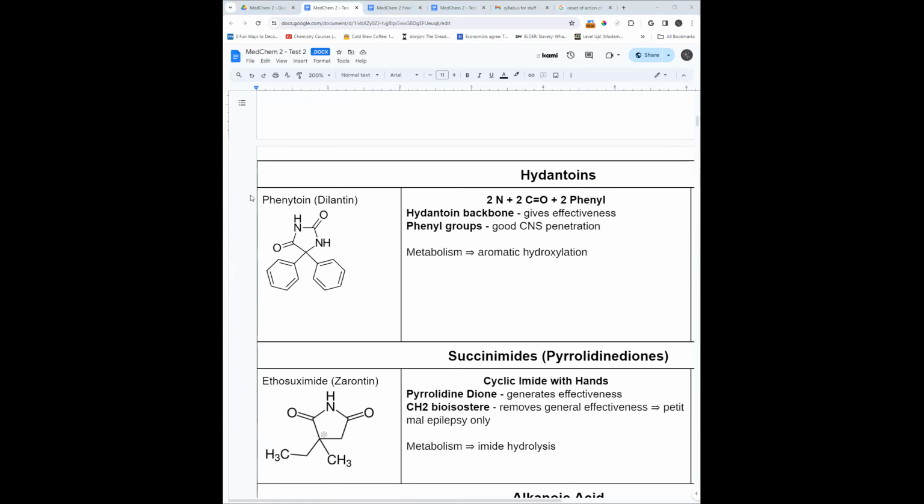So the first anti-epileptic that we're going to look at is phenytoin, and I want to compare and contrast phenobarbital with phenytoin.